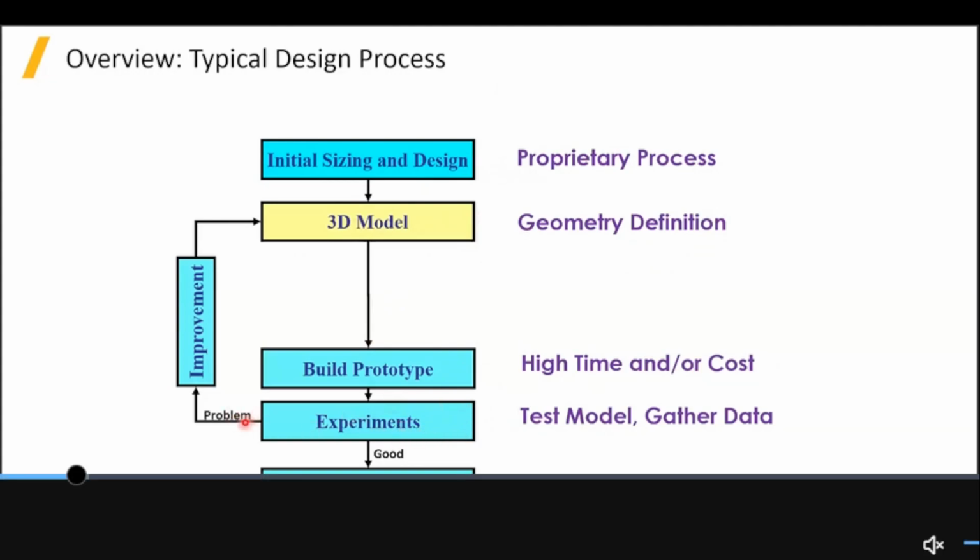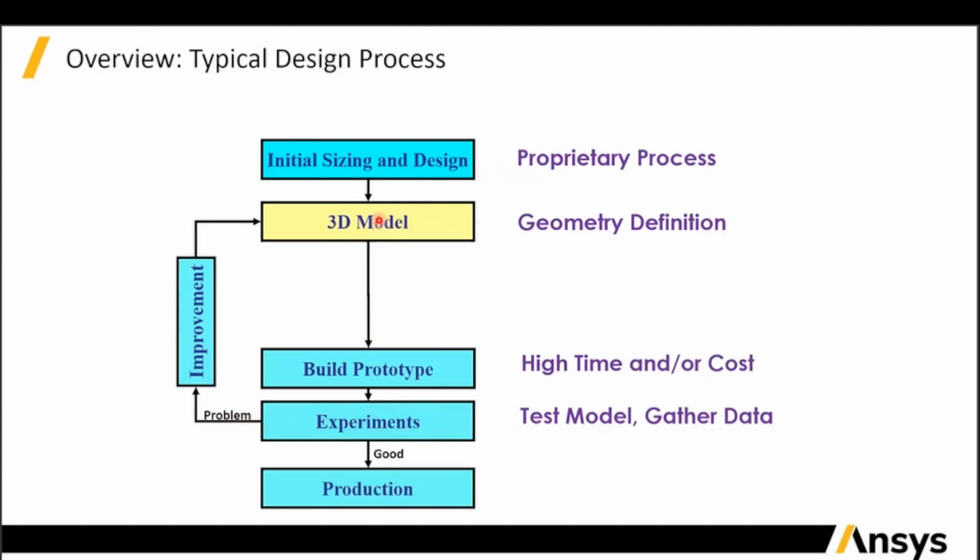If some problem occurs, you go back to your 3D model for improvement and follow this process again. Then your product goes for production. So this typical design process includes a lot of time and cost, because you have to do lots of experiments.